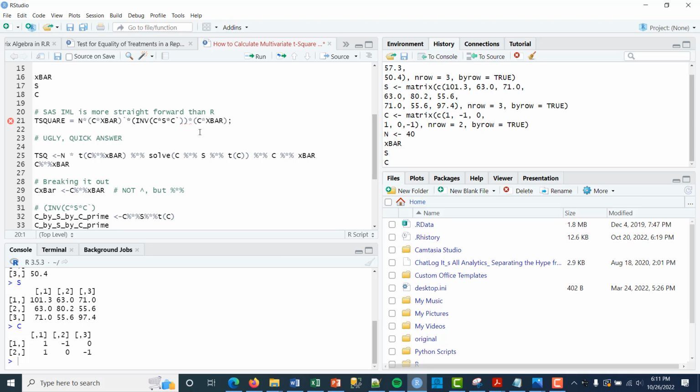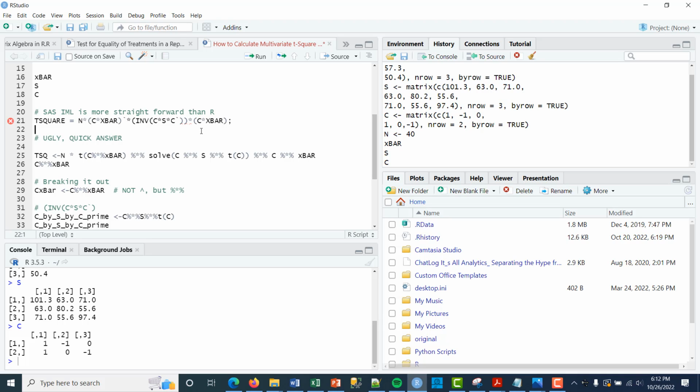So if I was to calculate the t-square directly from SAS, what I'd be doing is I would take the n sample size, and then multiply it by C times X bar prime, so this would be the transpose, times the inverse of C times S times C prime, the transpose of that, times C times X bar.